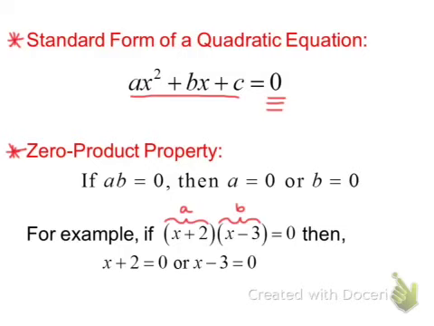And if I know that any product equal to 0 means that one of the two parts of the product has to be a 0, then if the a part or the b part, the two things that I'm multiplying together, equals 0, I would end up figuring out what the solutions could possibly be.